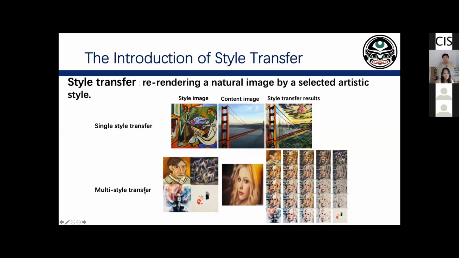We also have multi-style transfer, which means we can use multiple style images. Here are four style images and still one content image, and we can have multiple results because of the different weight of each style image.